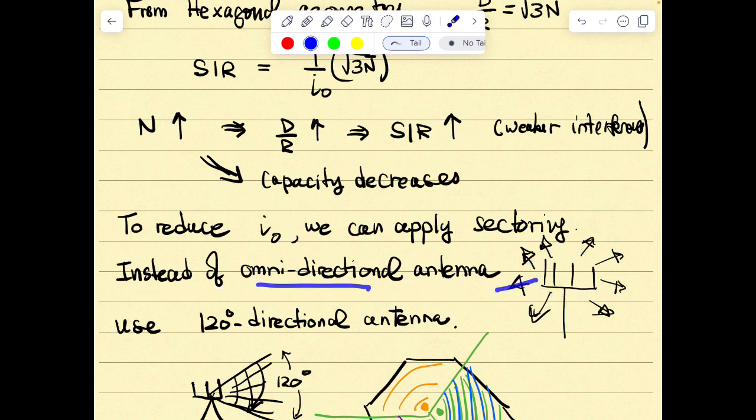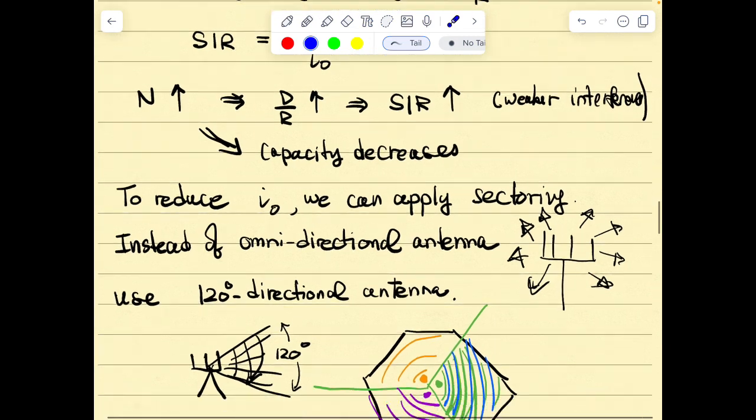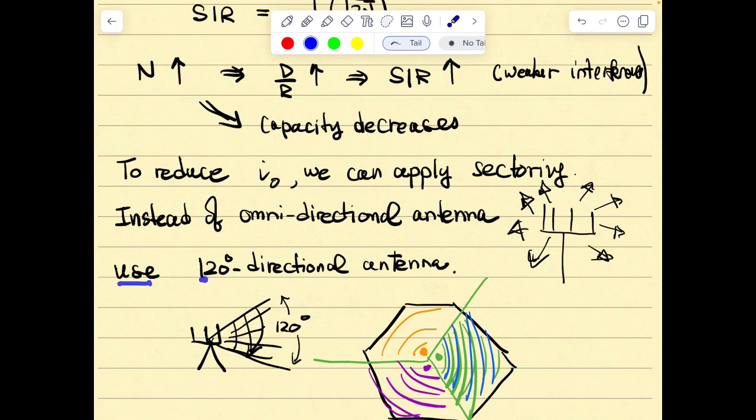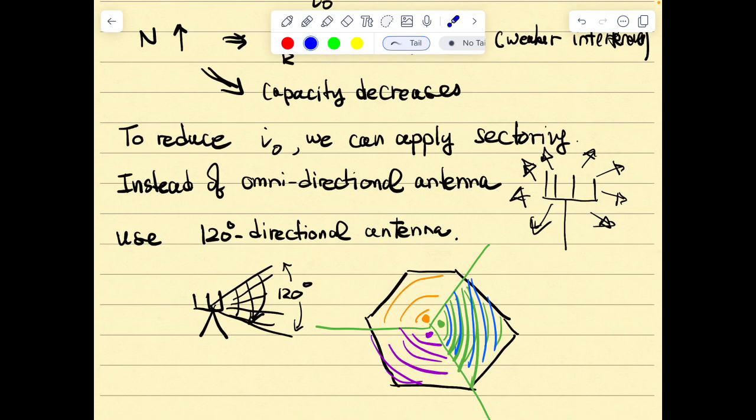Omnidirectional means the antenna can radiate signal in all directions, so it's 360 degrees. Instead of that, we're going to use something more directional. We can employ antennas with 100-degree or 120-degree coverage. What it means is that this antenna will cover only 120 degrees in one direction.